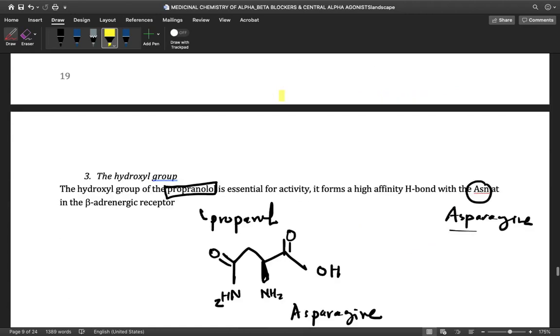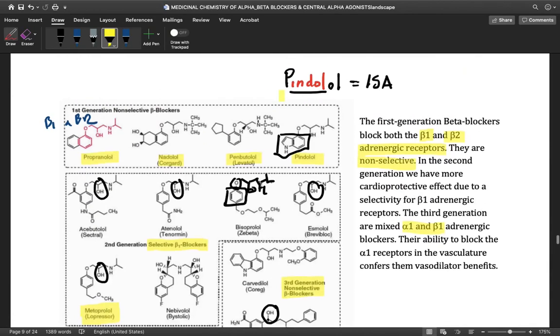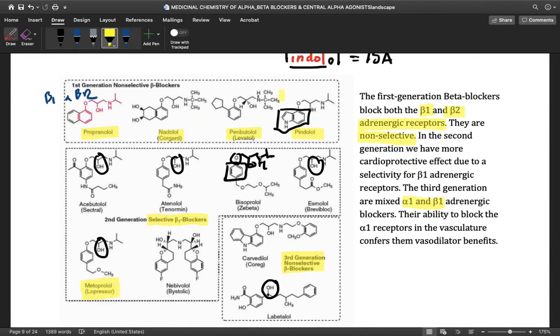So let's scroll back quickly here. Again, remember how we mentioned that second generation beta blockers are more selective for the beta-1 receptor. It's because they have that ortho substitution.